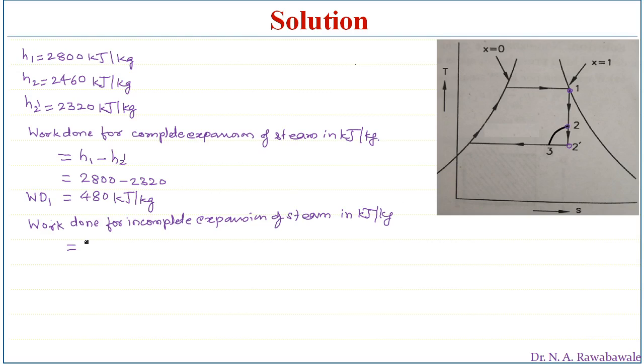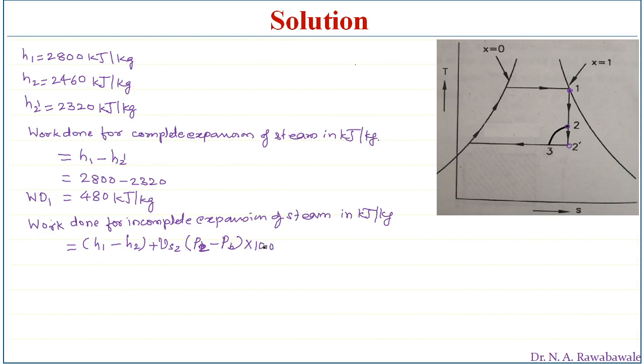This is the difference of H1 minus H2 plus the specific volume of steam at point 2 into P2 minus Pb into 100.